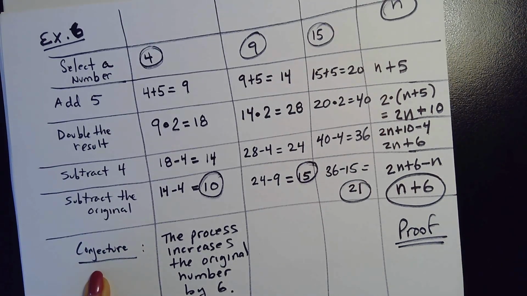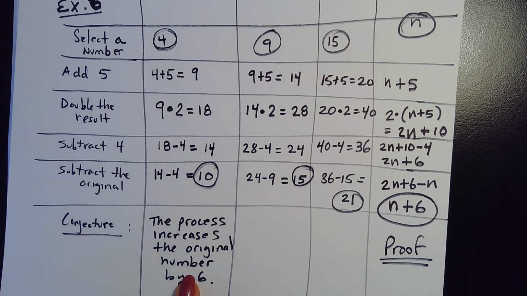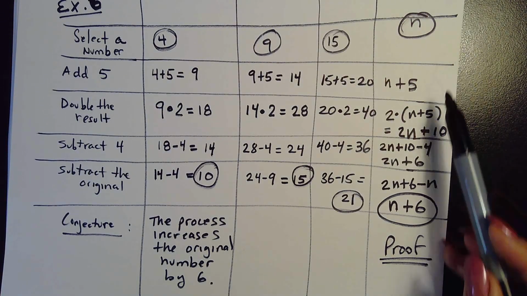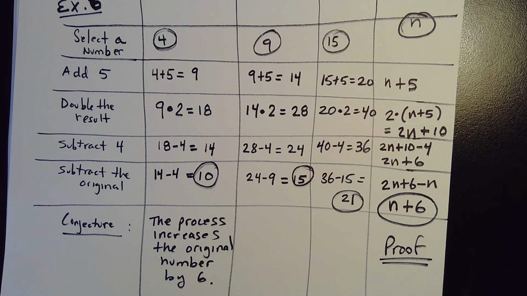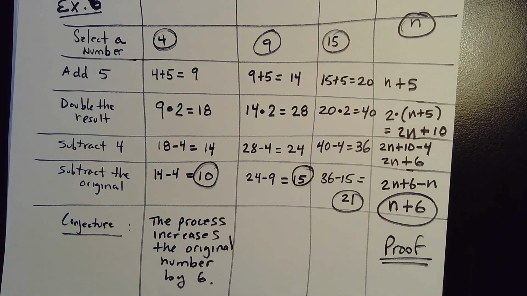So here's the conjecture: the process increases the original number by 6. And the proof of the conjecture is the last column because I am proving this to be true for any number. n represents any number. Okay?